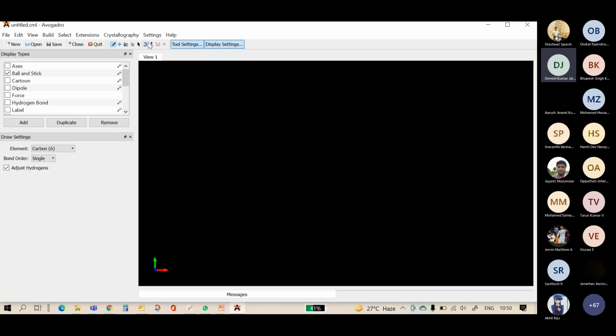So let's start with carbon dioxide. How do you draw? Here are the most common elements that you can select. I'm going to select carbon, and I'm going to select double bond because I know that carbon oxygen has a double bond. So let's draw that. First I draw carbon, then I select oxygen.